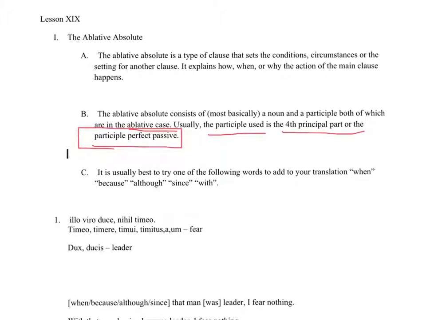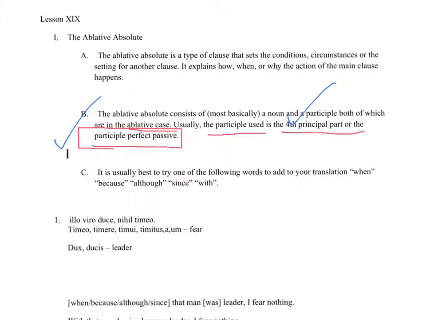There are other participles in the Latin language, a total of 4 participles. The one that is most commonly used, if you want to read the good authors like Julius Caesar, or Ovid, or Virgil, the classical authors like Cicero, the reason that Latin has survived for 2,000 years, these guys use the ablative absolute a lot. Usually the participle that they use is the participle perfect passive, which you know as the fourth principal part for all your verbs.